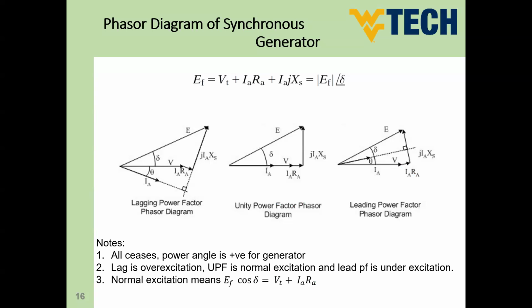Now, let's describe this, guys, more in depth and see what the mathematical model is. So, you know, in DC machines, we had a mathematical derivation for the equivalent circuit. The same is here also for the synchronous machine.